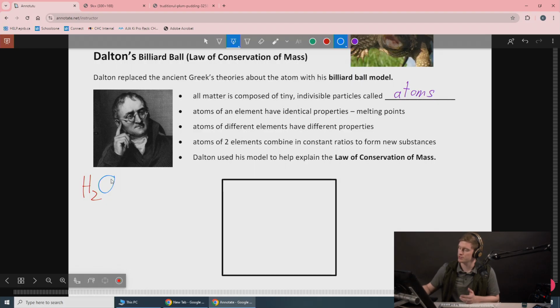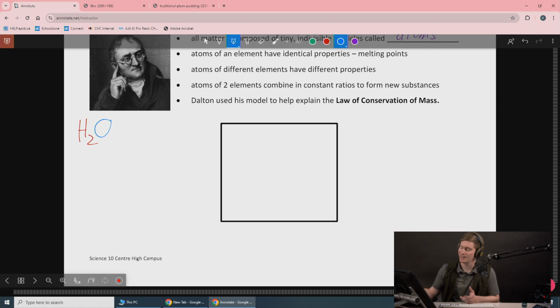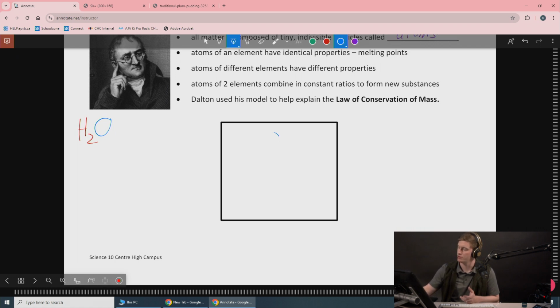And so using Dalton's model, you'd have 2 different types of billiard balls, but they're just solid spheres. And so you would have a solid sphere. I'm just going to shade it in to kind of show that it is solid. This is an oxygen. And it's somehow attached to 2 other solid spheres of hydrogen.